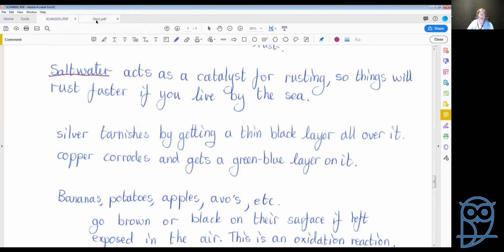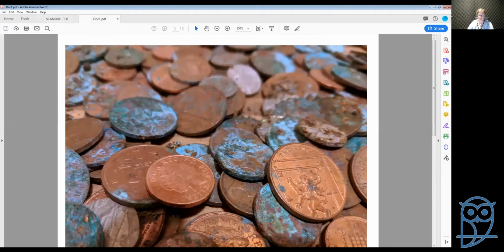So I have a picture over here that I can share with you guys. So this is some copper pennies that have been found in the ocean. Again, salt water speeds this up. And this bluish color, blue-greenish color things that you get on top is essentially the rust of the copper, but it's called corrosion. So this is the copper corrosion.